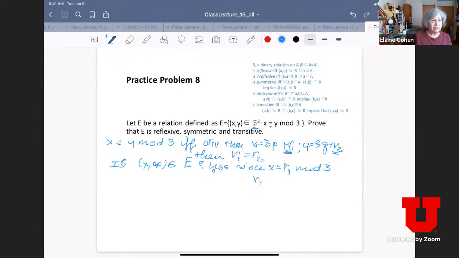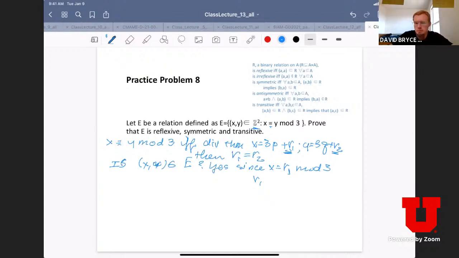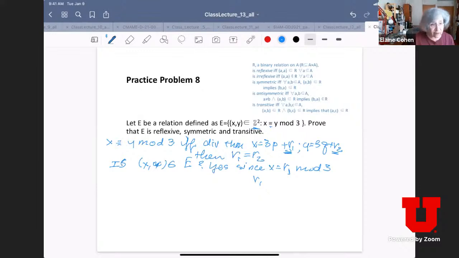Yes, David. Wouldn't p have to be 0? Because y mod 3 can only be 0, 1, or 2, right? Well, I have x is, yeah. Wait, it doesn't have to be 0. Well, because I'm wondering, because we have x equals y mod 3.